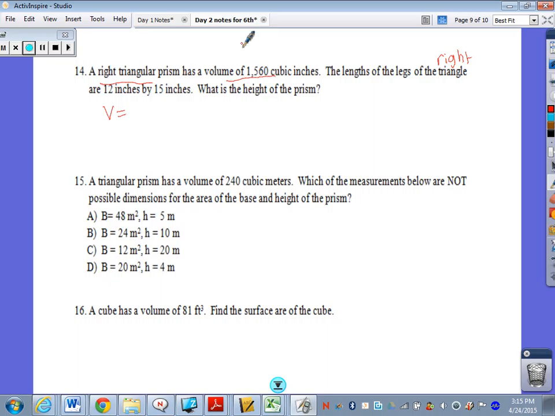If you look at your formula sheet, the volume of any type of prism is big B times H. Now, big B is the area of the base, which is the area of the triangle, which is 1/2 base times height. They said the legs of the triangle, and this is why it has to be right, because they said legs, is 12 and 15. So to find that big B, I'm going to do 1/2 times 12 times 15.